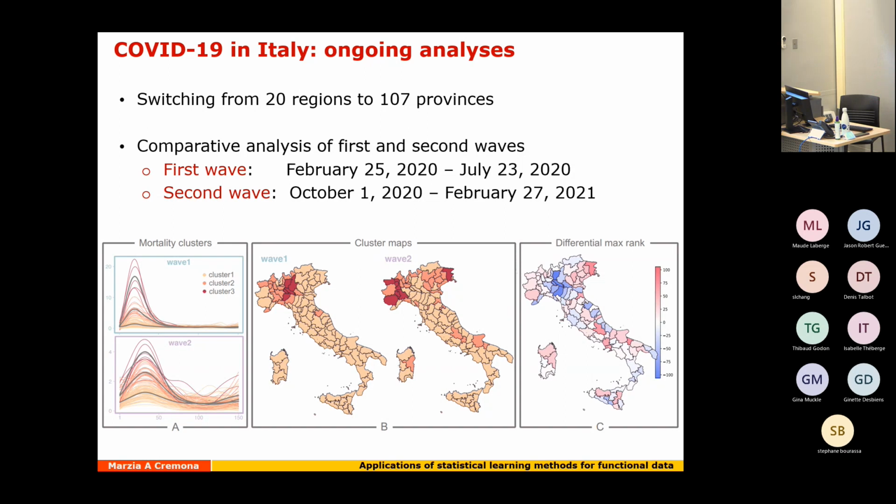At least, if I talk to my family that lives exactly here in this red area, apparently people were a lot more careful. They were following the rules way more carefully during the second wave. But yeah, we're still working on this, and we hope to finish this project soon.